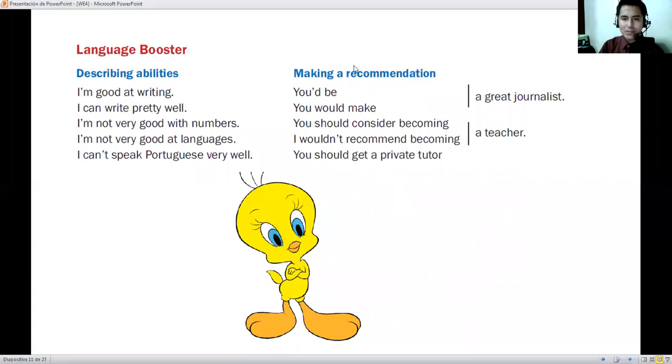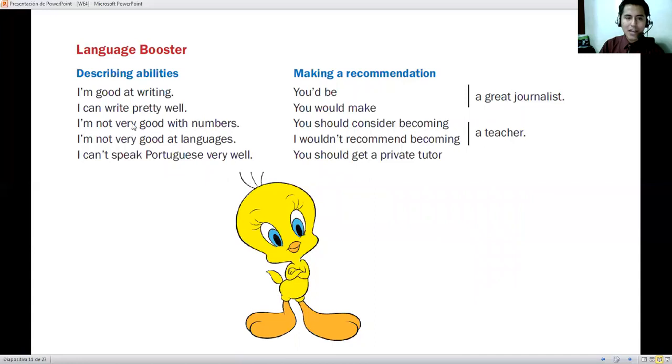And in the case of making a recommendation, we can say you'd be, you would make, you should consider becoming, I wouldn't recommend becoming, you should get a private tutor, no? These are recommendations to make these abilities possible, okay? That is the only thing that you have to consider for this part of this session.